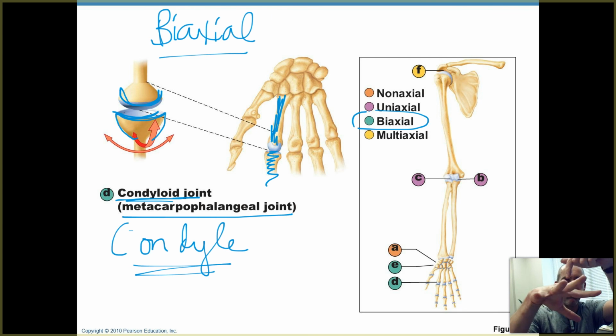You're moving the bones at the joint around that axis. And when you go up and down, imagine an axis running through the joints like this. So you're going above and below, rotating around that axis. So those are considered to be biaxial joints because you've got two different axes that you can rotate the bones around.